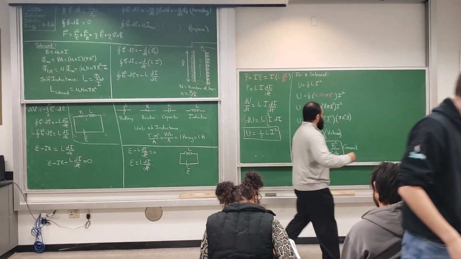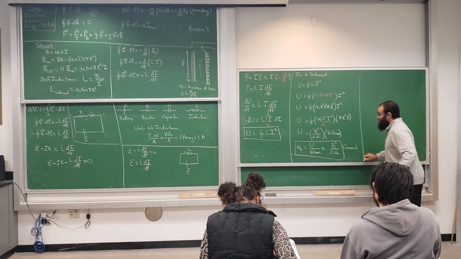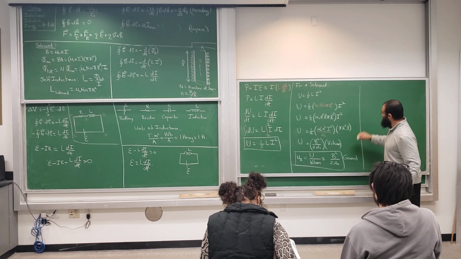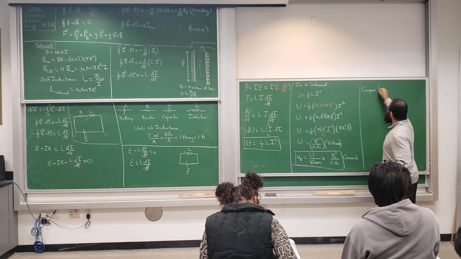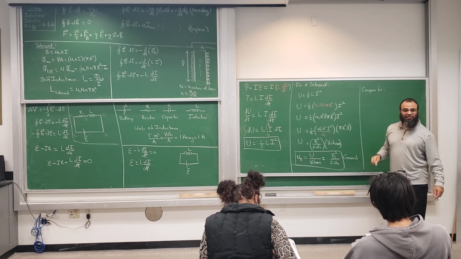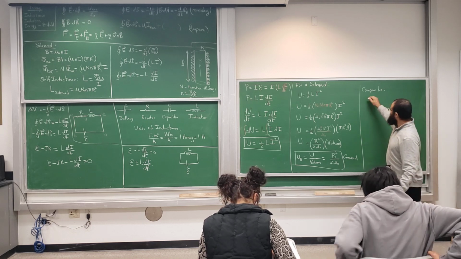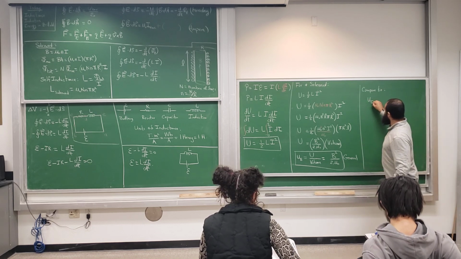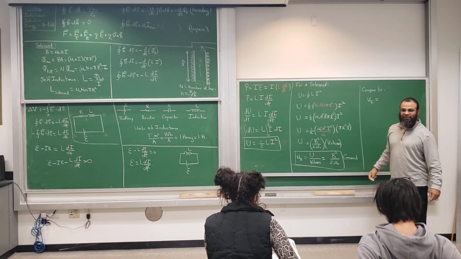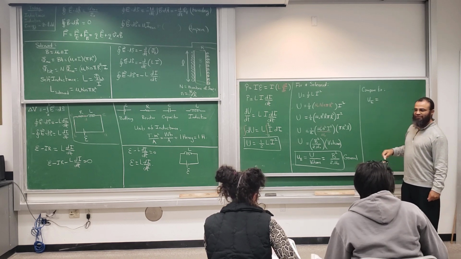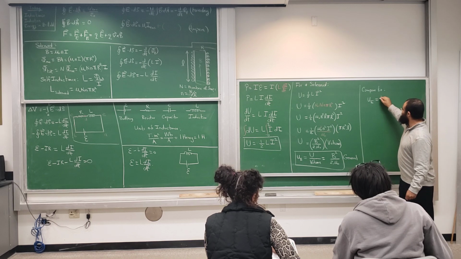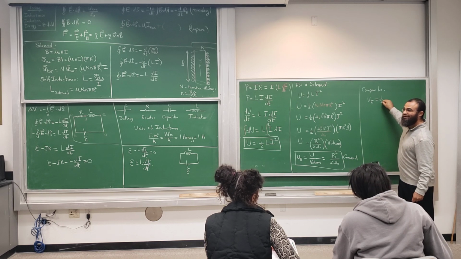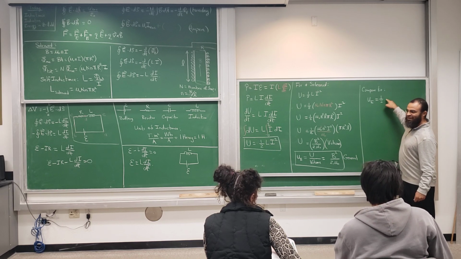So remember this. Compare this result to the energy density in the electric field. What was it? u_E. What was the energy density in the electric field? Yes? That was in a capacitor.